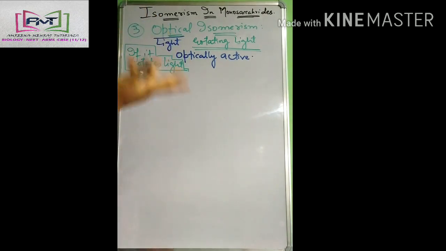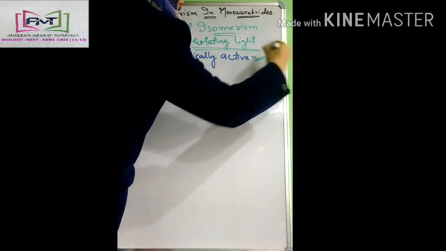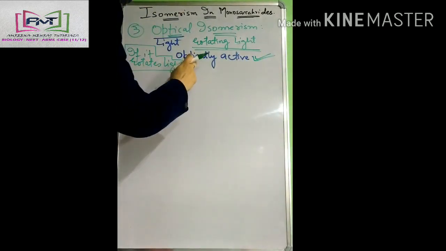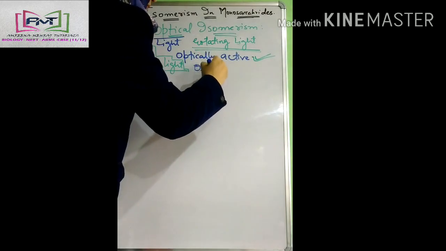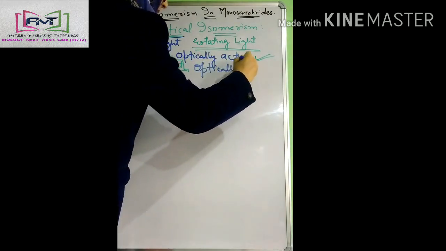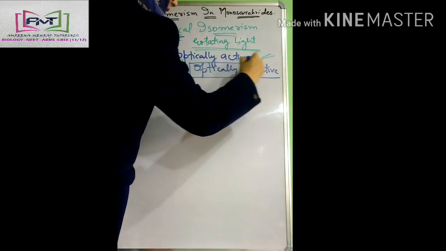I will show you what this rotation means. If it can rotate light, then you will say that this isomer or sugar or monosaccharide is optically active. And if it cannot rotate light, then you will say it is optically inactive.